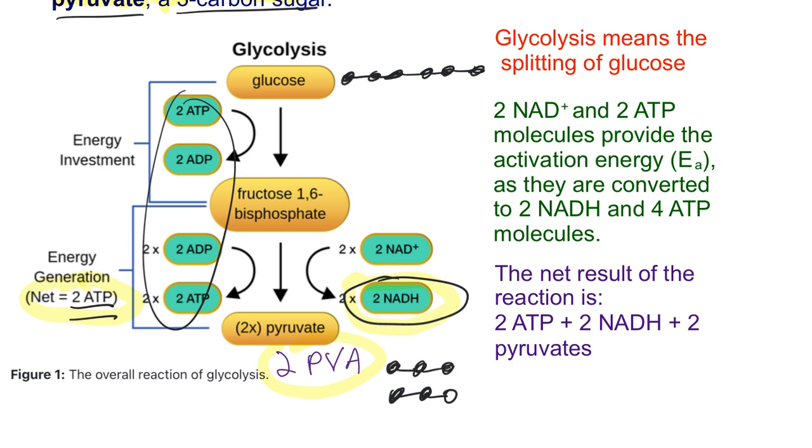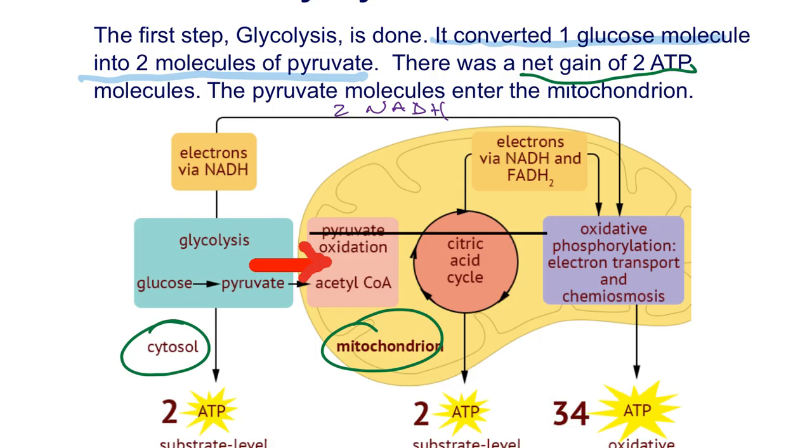So the net energy result is 2 ATPs, like I said, and then 2 NADHs charged up, and 2 pyruvates, which will go on to the next stage. So we see the 2 PVAs that were produced here will go, one at a time, into the second stage of aerobic respiration.